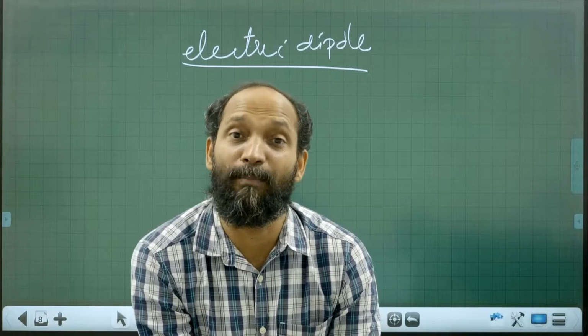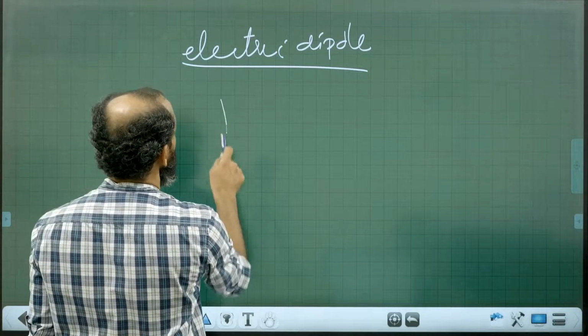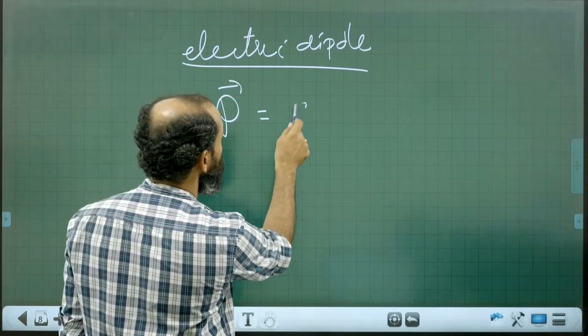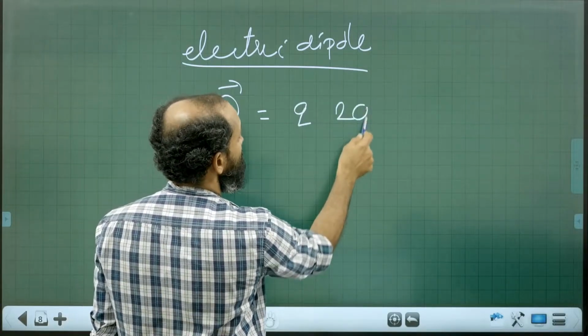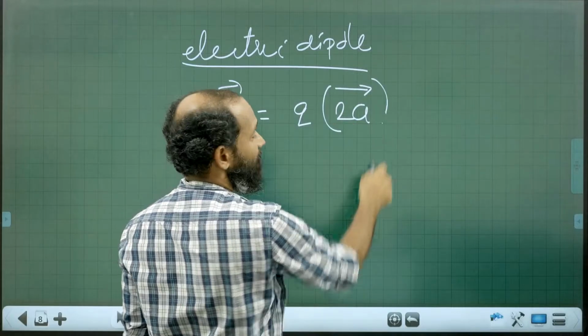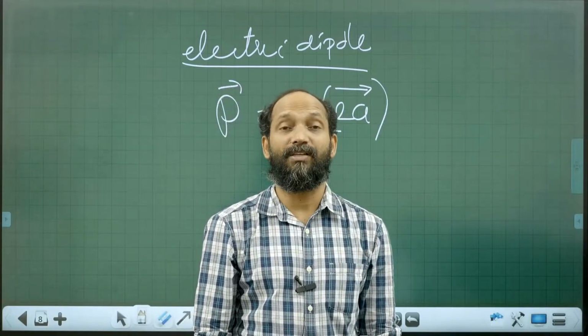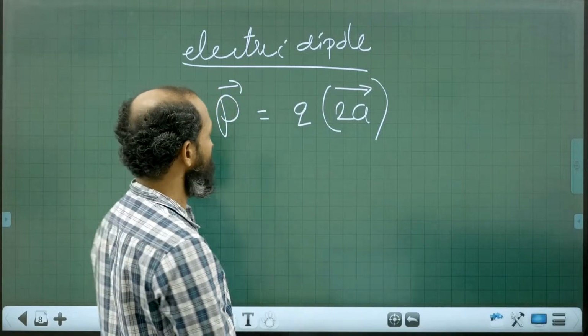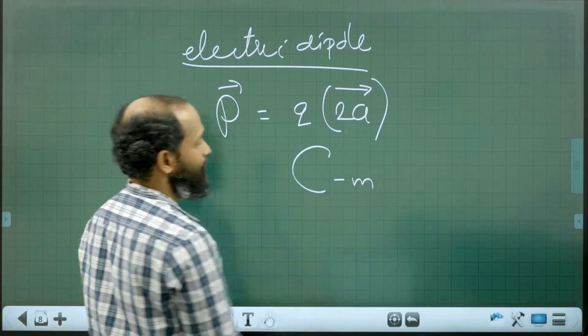Dipole has a moment. The dipole moment is measured as the product of charge and the distance between the two charges, that is the dipole length. Dipole length is a vector. Direction of dipole moment is the same as that of dipole length. Unit is coulomb meter.